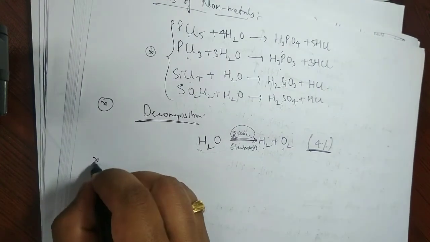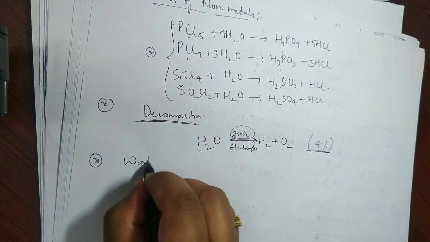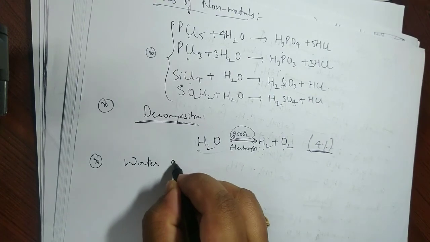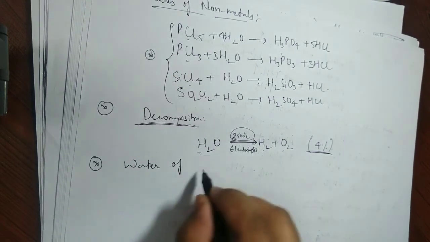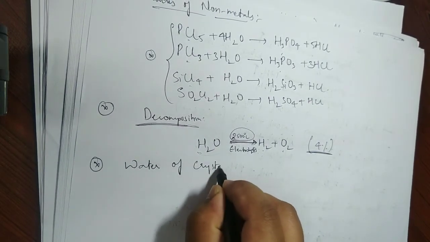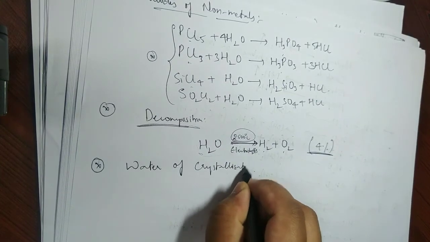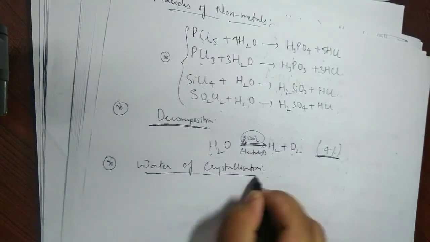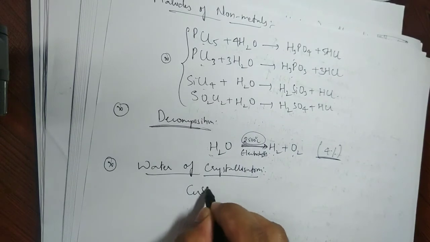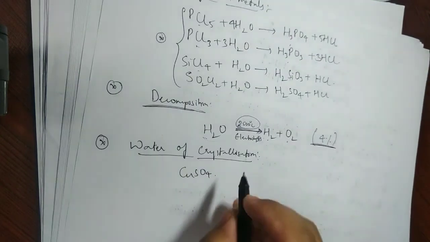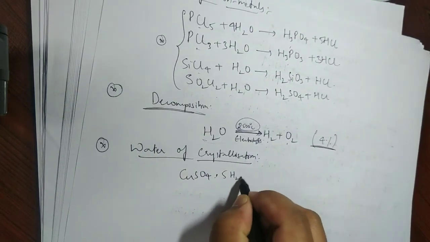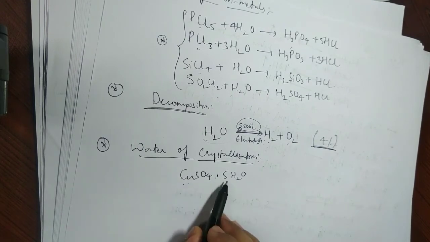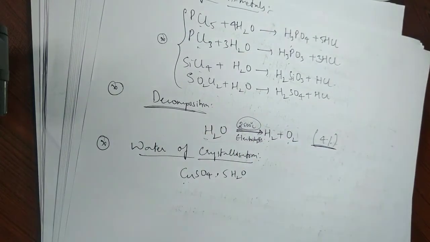And the next one is water of crystallization. You'll observe that because of these water molecules only, we have copper sulfate, CuSO4.5H2O. In fact, this copper sulfate takes 5 water molecules from the moisture.